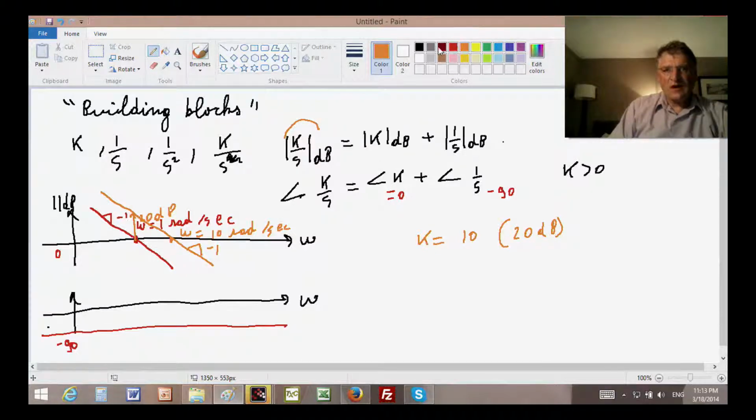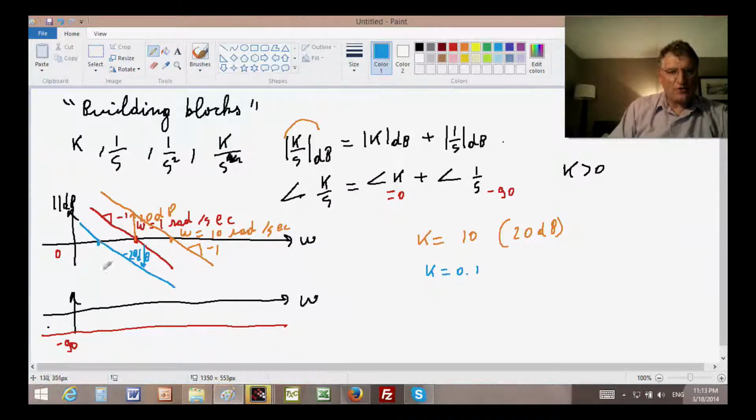Now, I can do the same thing the other way around. If k is equal to 0.1, then that is minus 20 decibels. And so I take that same curve and shift it down by 20 dB, and then I obtain the new Bode plot, which is down here.